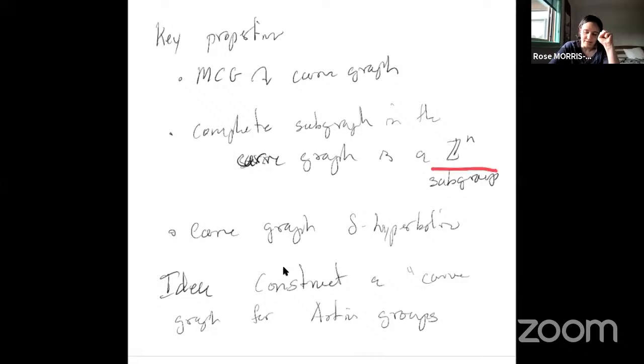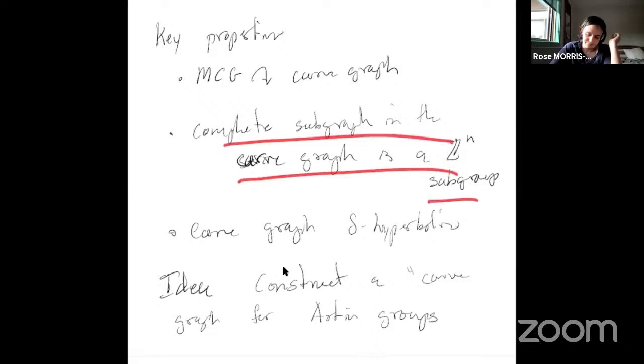So the Z^n subgroup that corresponds to that complete subgraph is each of those centers, which now commute with each other, and I get this Z^n subgroup. But if I allow for infinite type Artin groups, they're probably going to have trivial center, and so I'm not going to get this property.